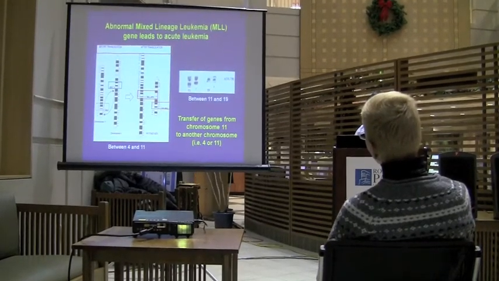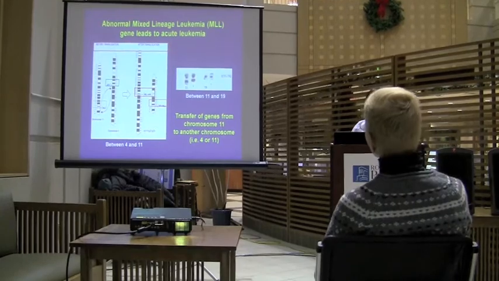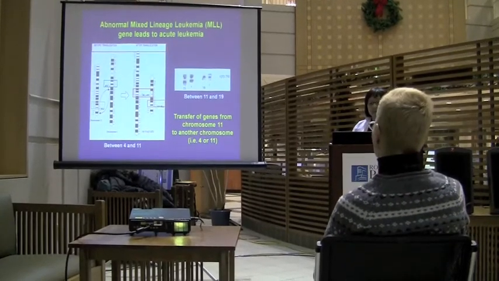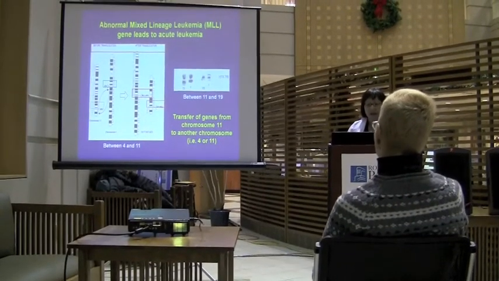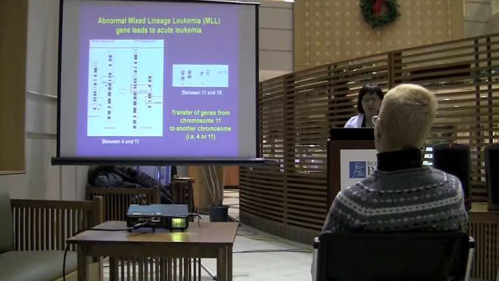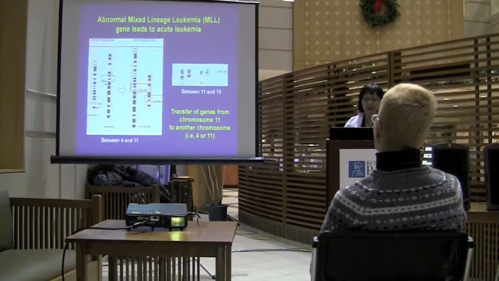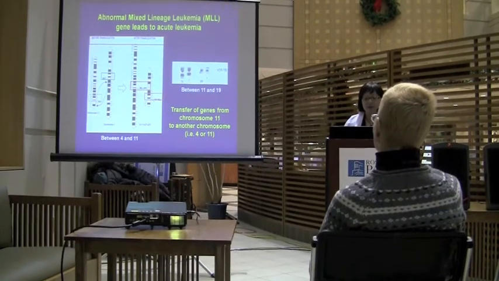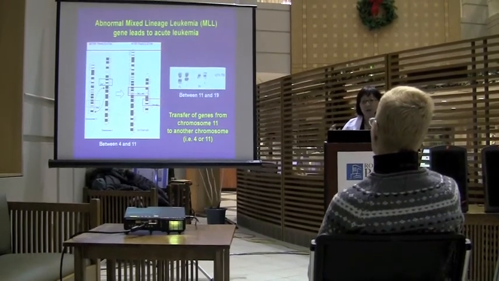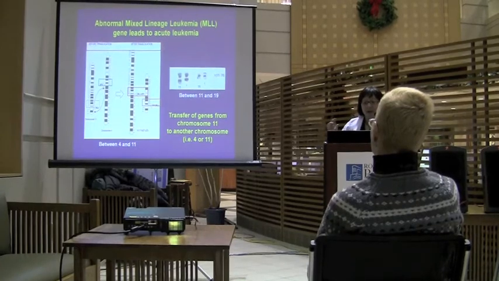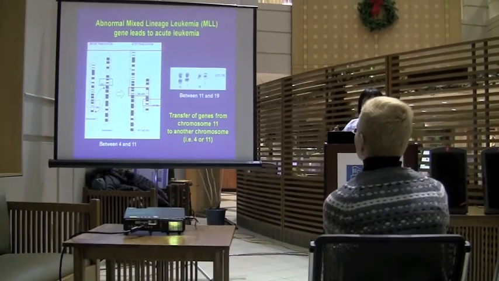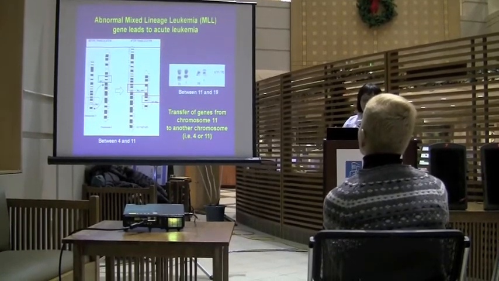Now, the particular type of gene that defines the leukemia that we're studying is the mixed lineage leukemia gene. This gene is found on junctions or break-off points of chromosomes 4 and 11. When the 4 and 11 translocations break off abnormally, they reform and link portions of chromosome 4 with chromosome 11 in an abnormal way.